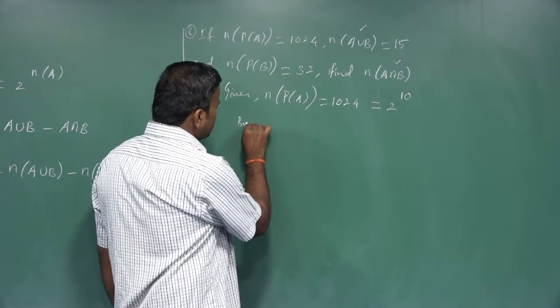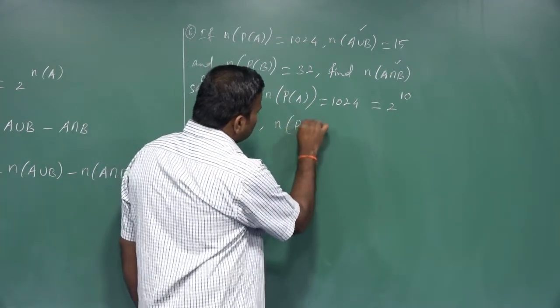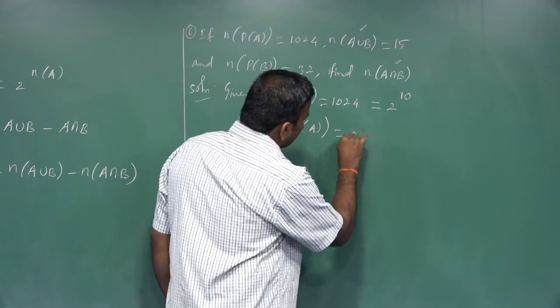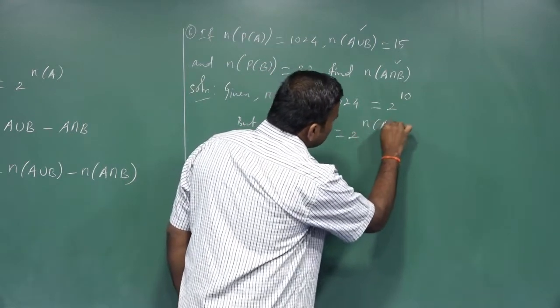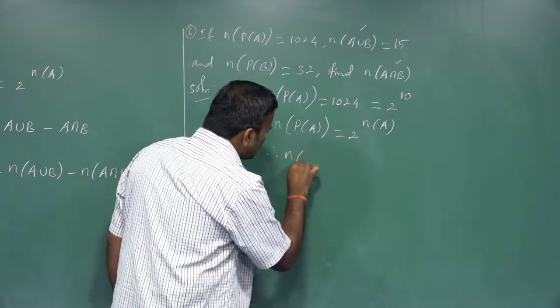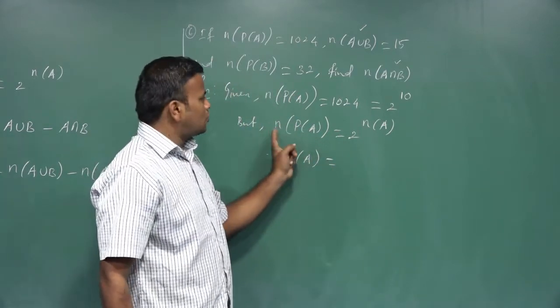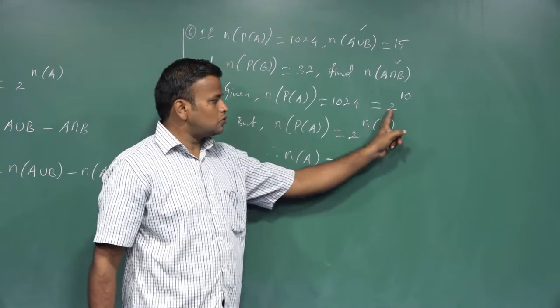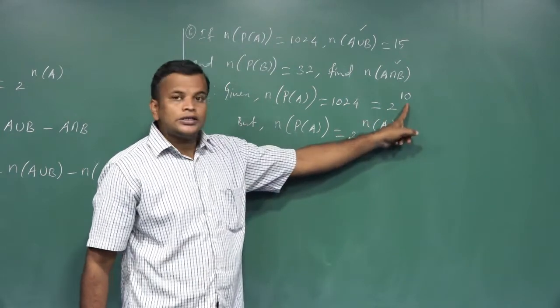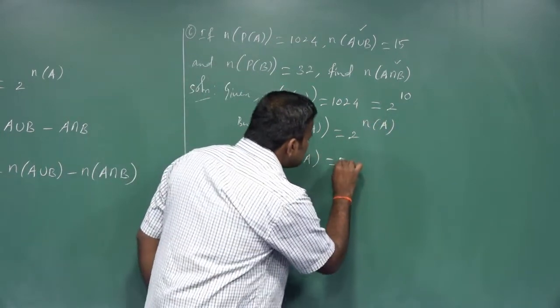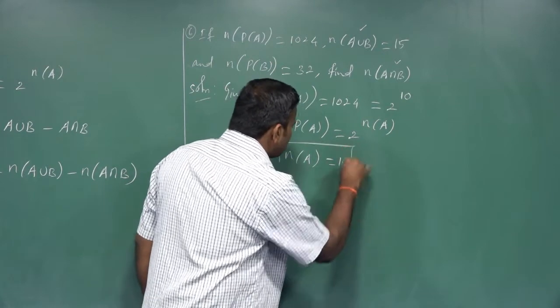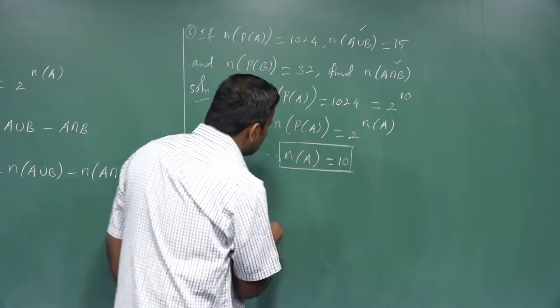But we already wrote the formula: n of P of A is 2 power n of A. Therefore, what is n of A? We compare these two. In place of n of A here, 10. So n of A value is 10. So in the first step we found the value of n of A.